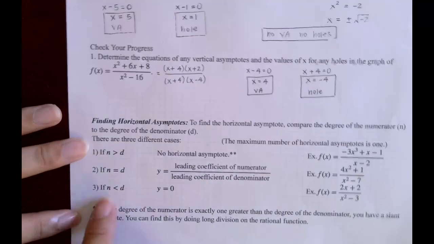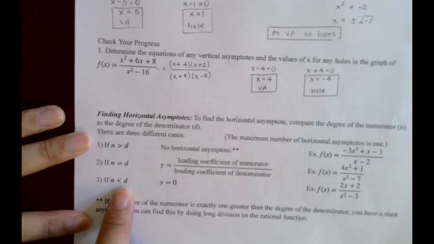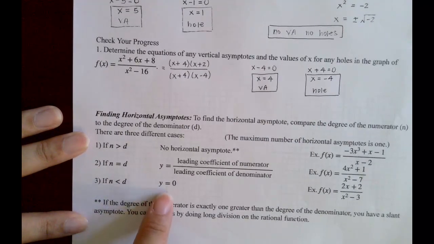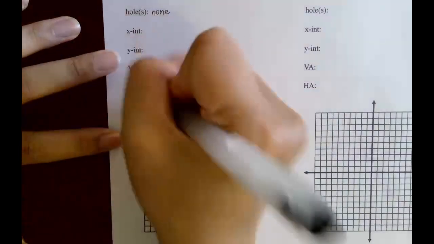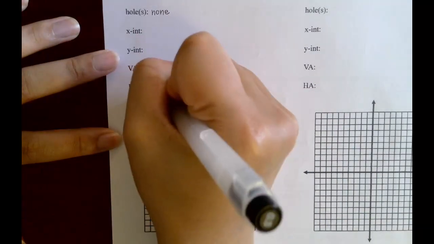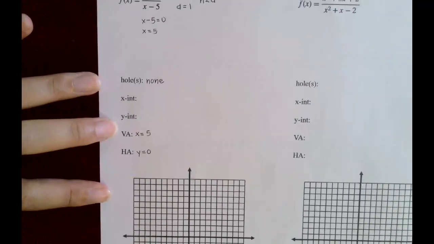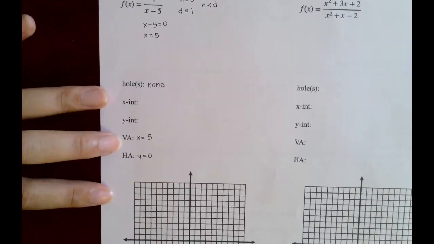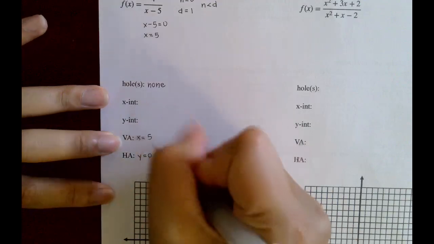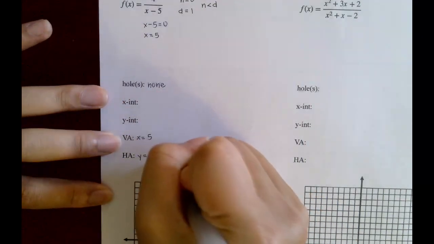So here, if the numerator power is smaller than the denominator power, y equals 0 is going to be our horizontal asymptote. So we're going to have a horizontal asymptote at y equals 0. Then, because our asymptote is at y equals 0, this is the x-axis.